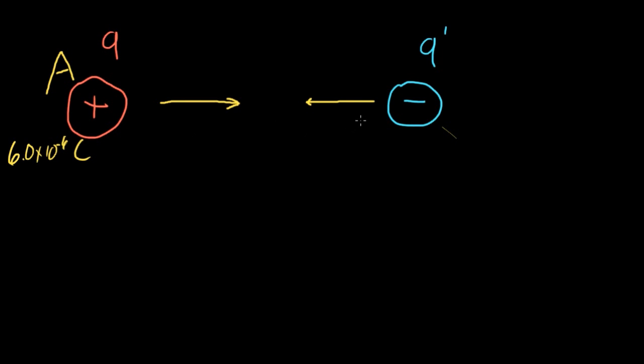And object B has a negative charge of 3 times 10 to the negative 6 coulombs. How far apart are they? They are 0.030 meters apart.